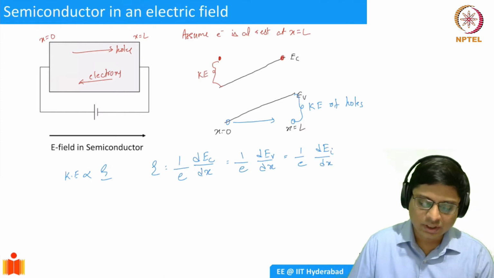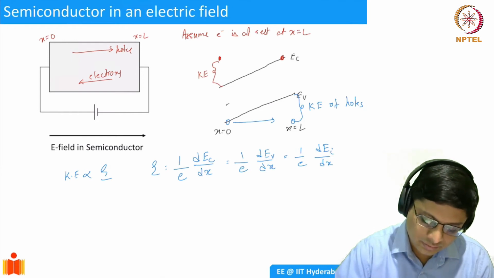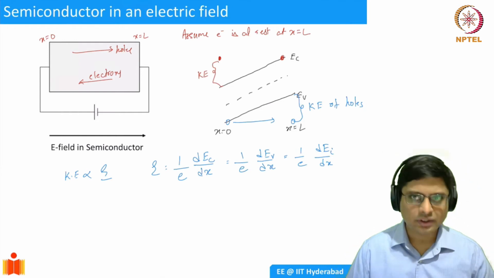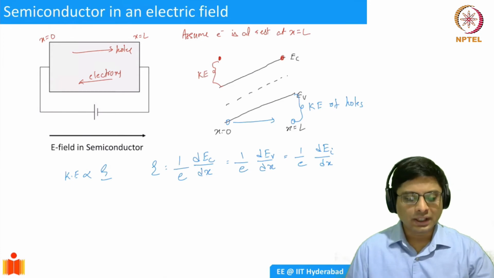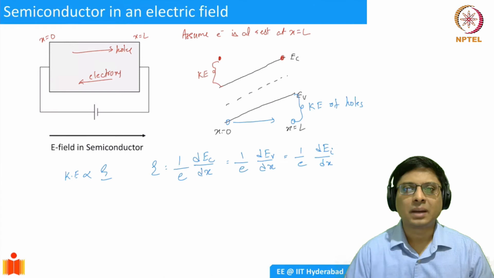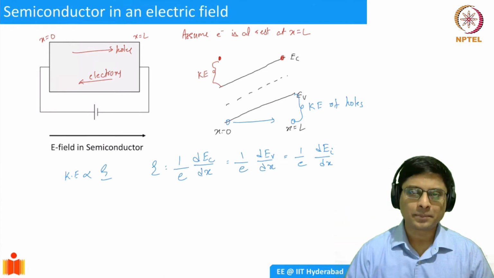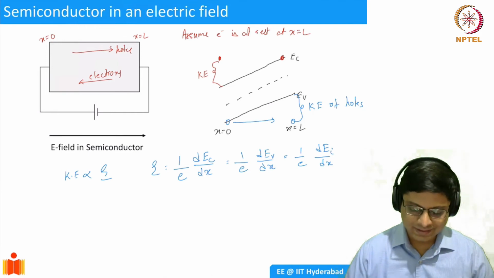Your intrinsic energy level is going to be in between. So the applied electric field is represented by the slope of the bands.